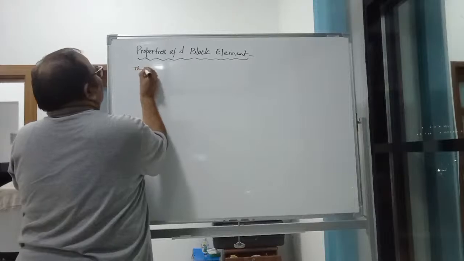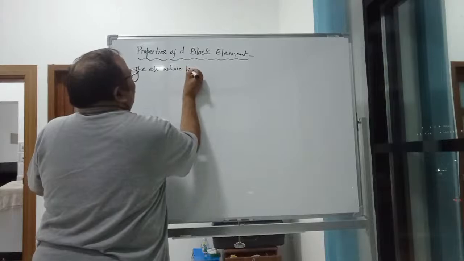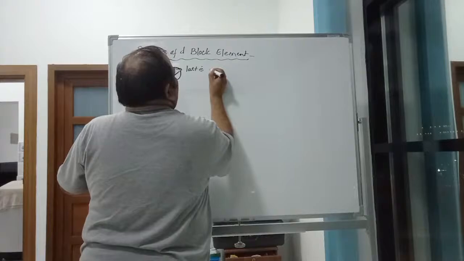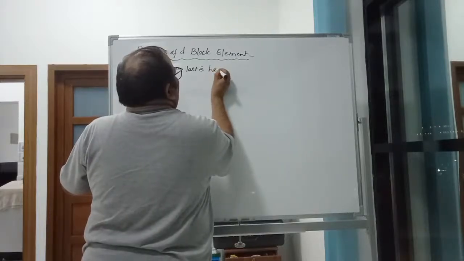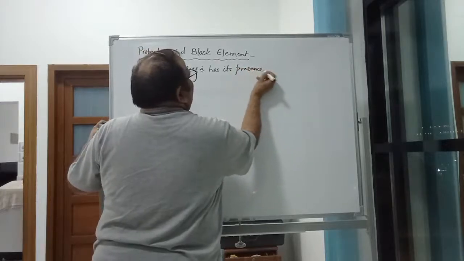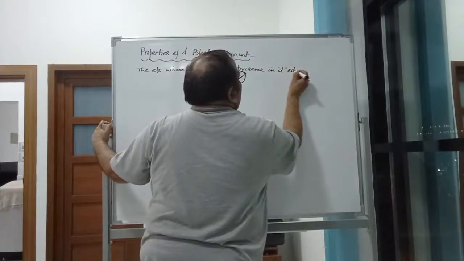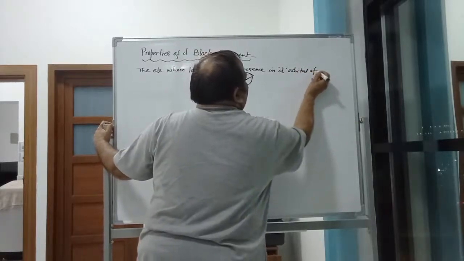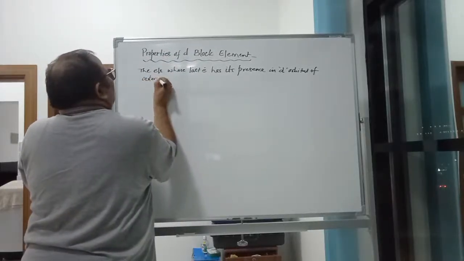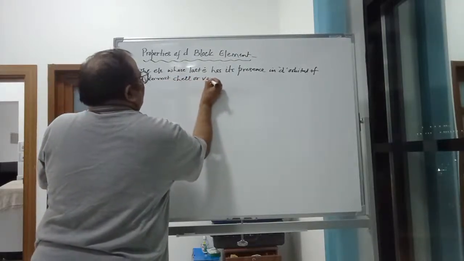The elements whose last electron has its presence in the d orbital of the outermost shell or valency shell.